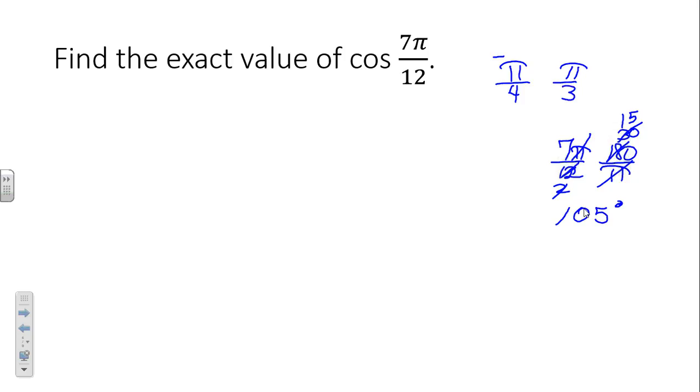And so if we get a common denominator of 12, this one has to be taken times 3, and this one has to be taken times 4, and we would add them. So that is 7 pi over 12, right? Okay, so I'm sorry, back to your question.